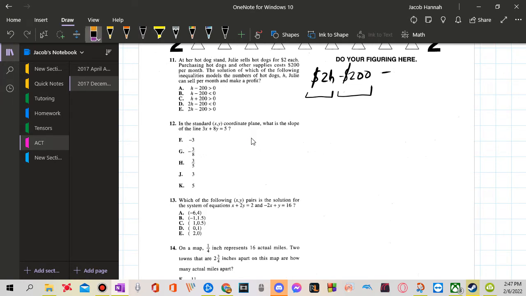Well, no, it's not going to equal 0. So you want this to be greater than 0, hopefully. So she has to sell at least, so if we do some math, 2h, so you add 200 to each side.